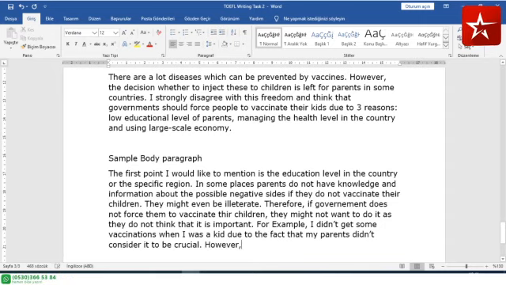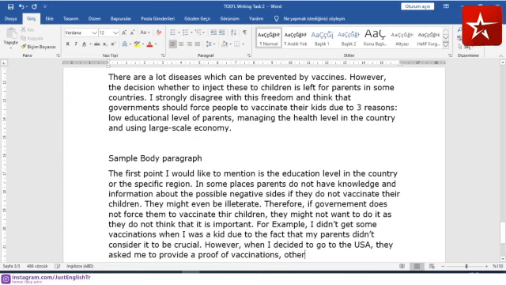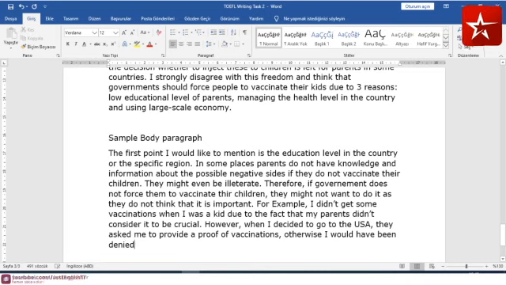However, when I decided to go to the USA, they asked me to provide a proof of vaccinations. Otherwise, I would have been denied an entry into the country.